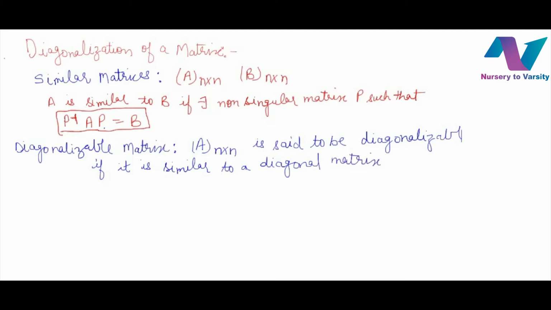That is, there exists P, of course a non-singular matrix, such that P inverse AP is equal to D, where D is a diagonal matrix.